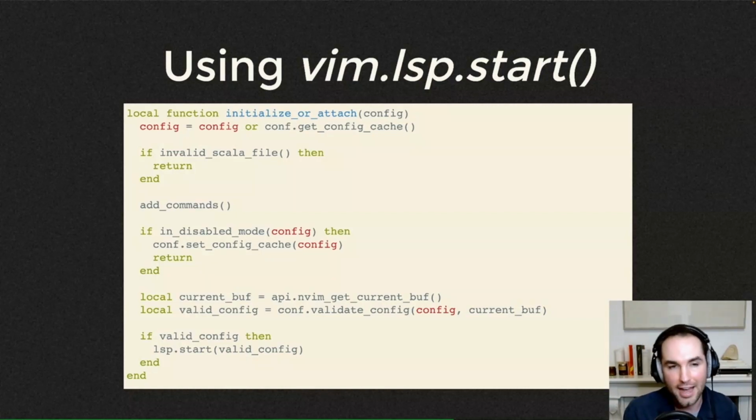So we make sure it's not that. We add some commands. We make sure the user is not in disabled mode. We validate the config. We also give much nicer, helpful messages if the config is invalid, or what's missing from it and what's available to them. And then we start it. And that's really it. This is all you really need to have a server.